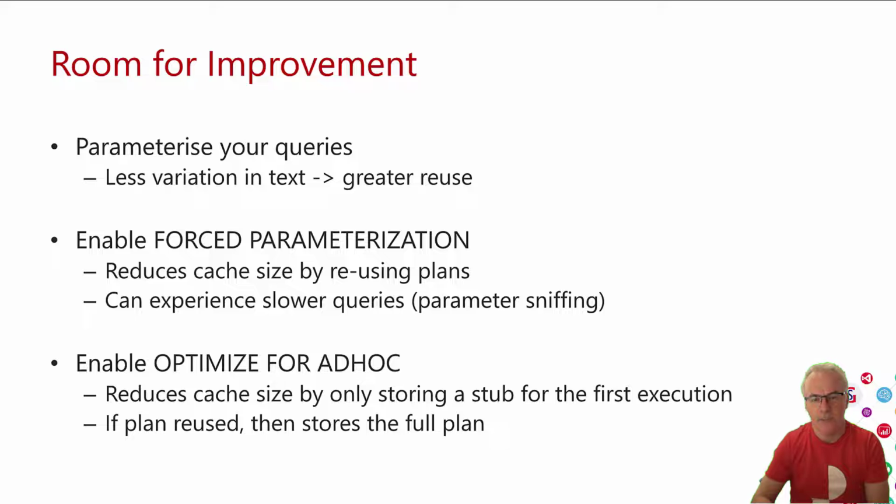It actually has a much smaller footprint in memory, which can lead to more plans being stored in your cache and better reuse of that. If it's never seen again, we don't get a full plan stored. If it does, so if it's proven it's actually useful and being repeated, then great, we can get a plan that's stored for that one and ensure that we have the best reuse.